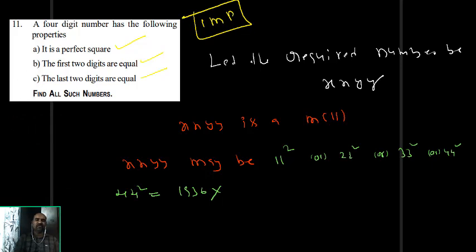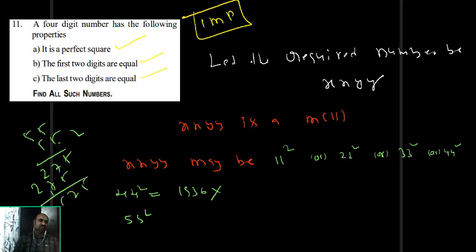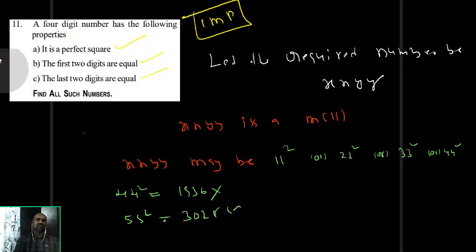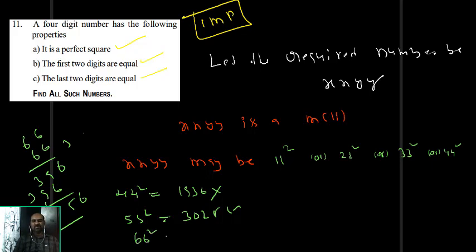So next I will take 55 squared. 55 times 55 is 3025. This also won't satisfy because it is not in the form of xxyy. Yeah, 66 I will take next. 66 squared is 4356, also won't satisfy. 77 I will check.